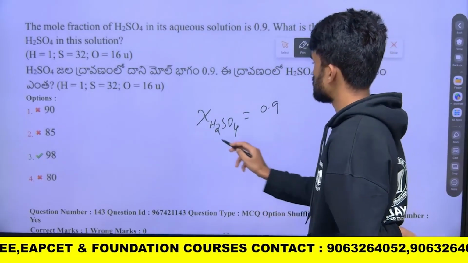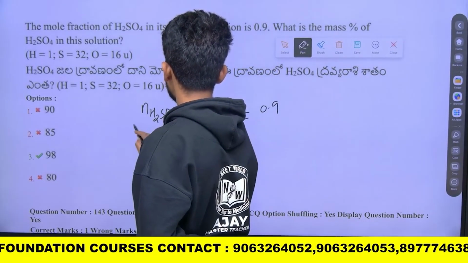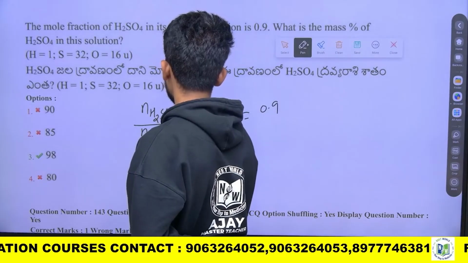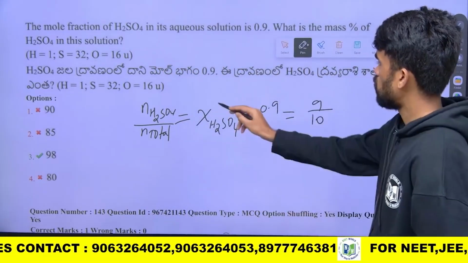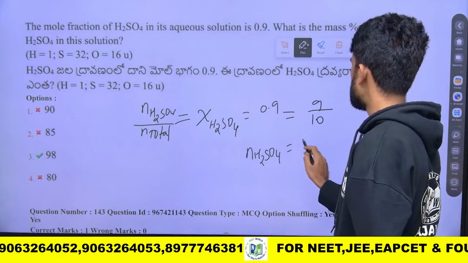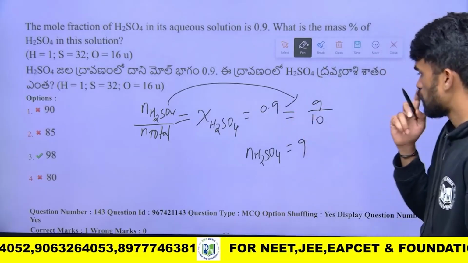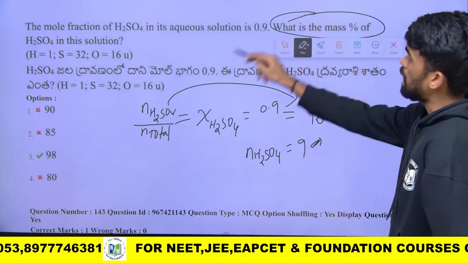Mole fraction is nothing but the number of moles of sulfuric acid by the total number of moles, n total, we can write. Okay. So this 0.9 means 9 by 10. Okay. Now how many moles of sulfuric acid do we have here? Here we have 9 moles, by comparing this. Okay. So now from this we need to find the mass percentage.